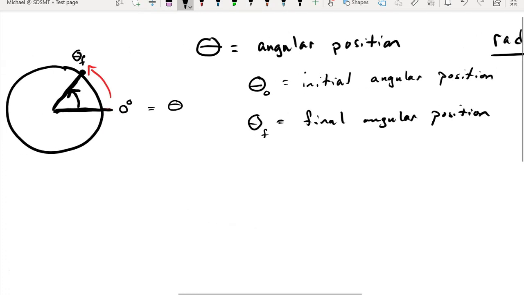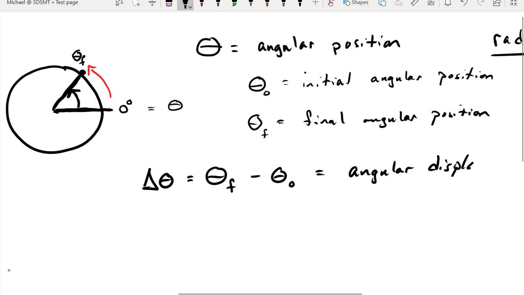But for right now, we have initial and final angular positions, and anytime we have a final and an initial combination, we can put that together as a delta statement, and this would be the definition of our angular displacement.